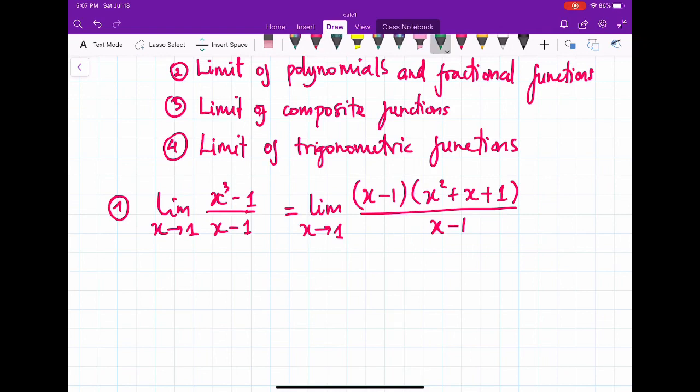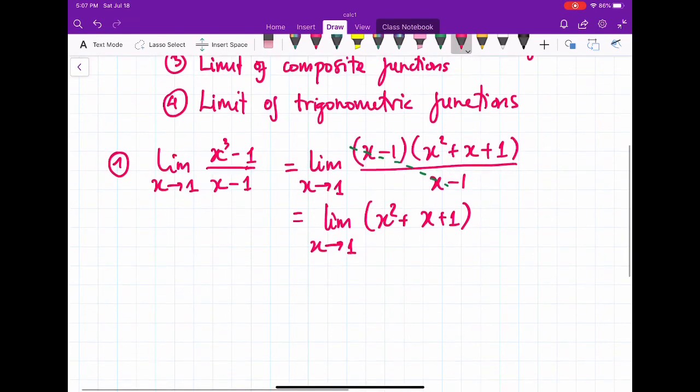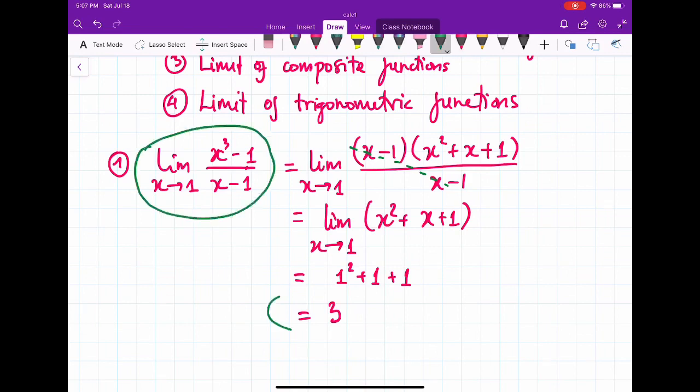And we simplify x minus 1. We got the limit of x squared plus x plus 1 when x approaches 1, and we plug 1 into this function. We get 1 squared plus 1 plus 1, which is 3. That's what we learned from the previous video. The limit of this function is equal to 3, given that the function is not divided by 0.